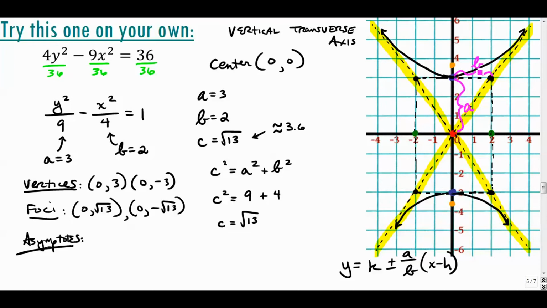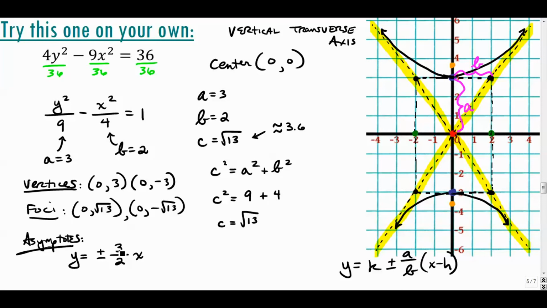So in the case of a vertical transverse axis, your slope is a over b. So just be careful with that. H and k are still 0, so the asymptotes are going to be y is equal to plus or minus a, which is 3, b, which is 2, and then the x is there. So there you go.